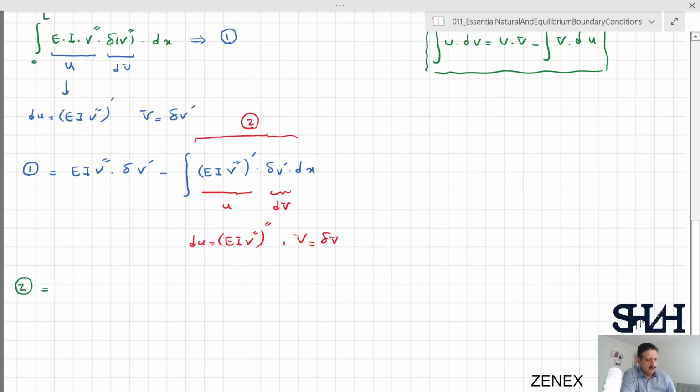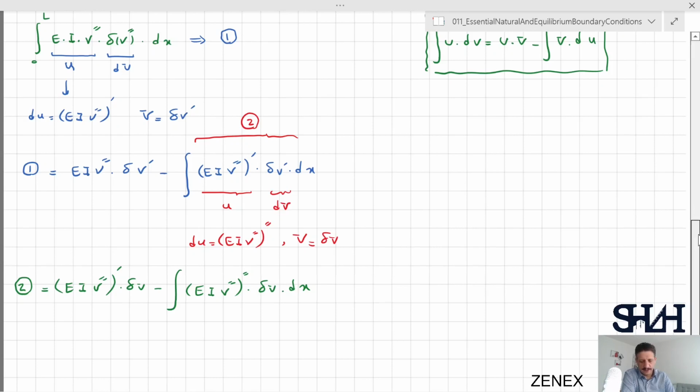Number 2 will be u times v, which is EI v'' times delta v', minus the integration of v du, EI v''' times delta v' dx.